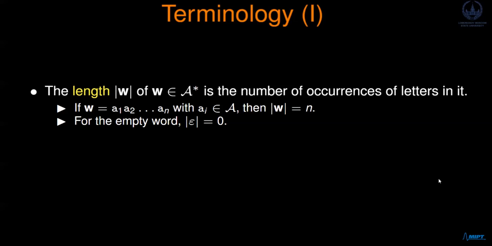This is denoted by the absolute value of epsilon, or the length of epsilon, which is equal to 0. Understanding this basic terminology will help us when discussing patterns and their lengths as we move forward.